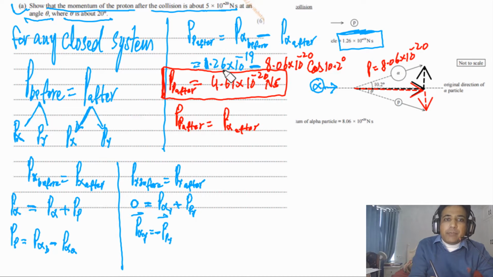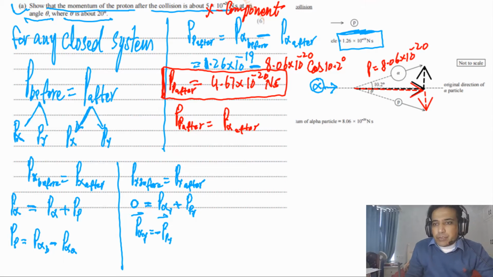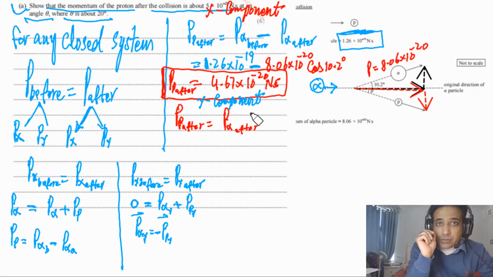If you want to write it down, you can say x component here and y component here for better understanding. I'm writing these things in detail so you can have a better understanding of this concept, so next time you will not struggle with momentum in 2 dimensions.